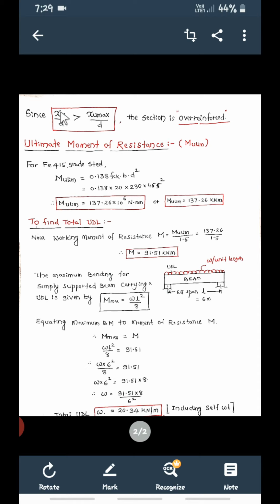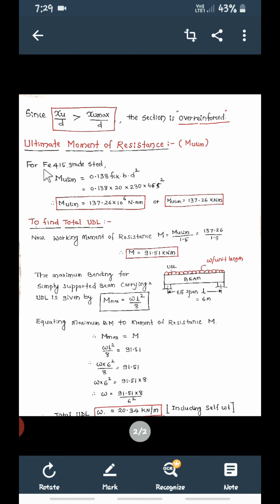If this is more than this, the beam is an over reinforced beam. When it is an over reinforced section, we need to find the ultimate moment of resistance, MU limit, not MU. For an under reinforced section, we find MU, but for the limiting condition or over reinforced section, we are going to find MU limit.